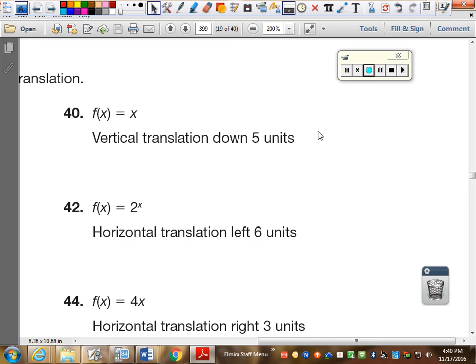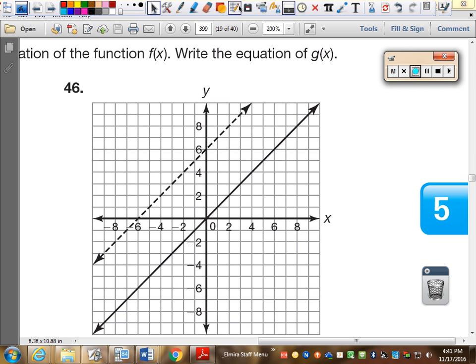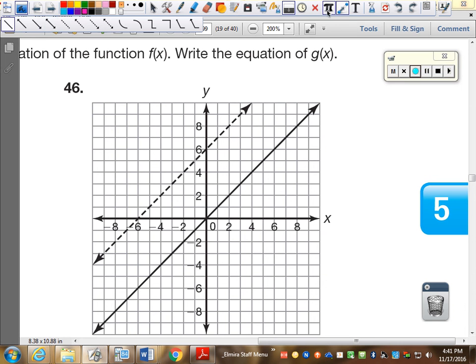And lastly, last section. Okay. Now, this is a kind of a tricky one because, let me find my arrow tool here.